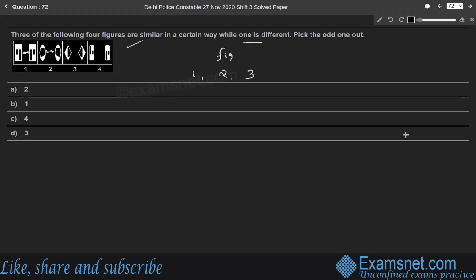So in the first figure, the first image is the mirror image of the second image and the second image is the mirror image of the first image. Whereas in the second figure also, the images are mirror images, right? In the third figure also they are mirror images of each other, whereas in the fourth figure they are not mirror images. Therefore, option C is the odd one out.